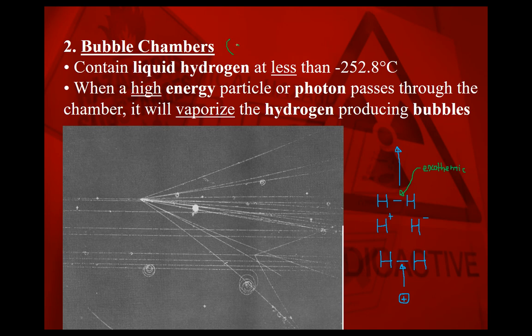In a bubble chamber, we're going from a liquid to a gas as a result of the hydrogen being heated, which is what happens due to the exothermic reaction. And again, we're at that threshold that if we heat up the hydrogen even slightly, it's then going to turn to a gas and we get bubbles that follow behind.